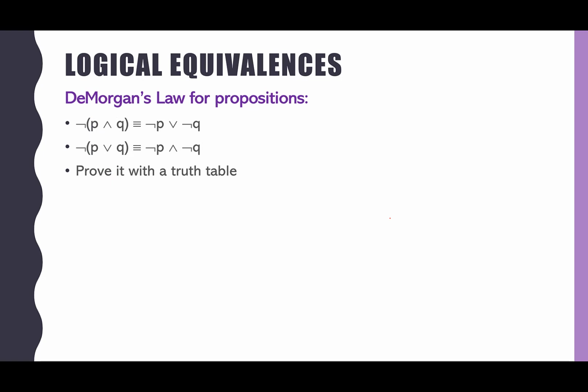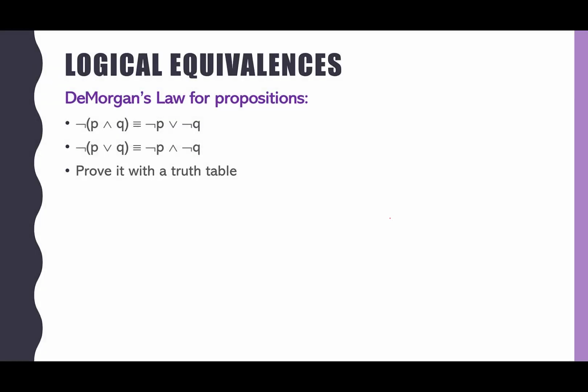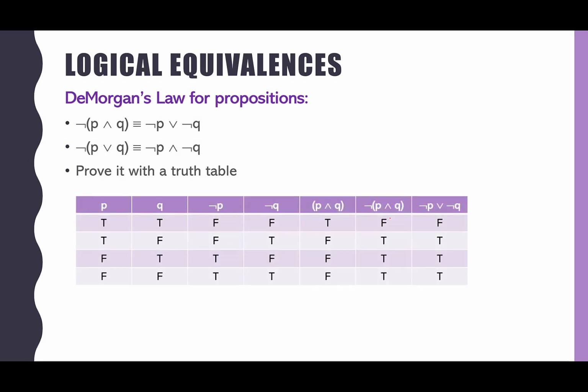To the whiteboards. So this is DeMorgan's Law. What I want us to do on the whiteboards is prove that they're true in a truth table. All right, let's take a look at the answer. This is the first one, and I think everybody got it correct.